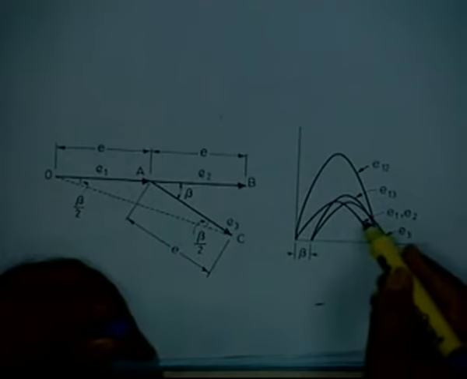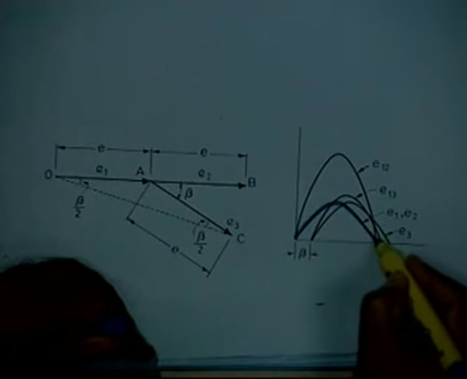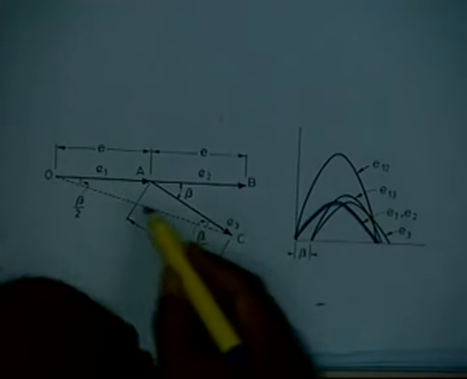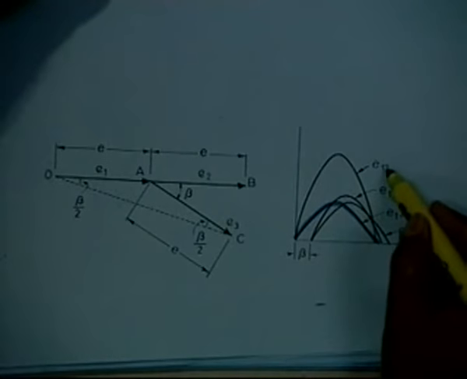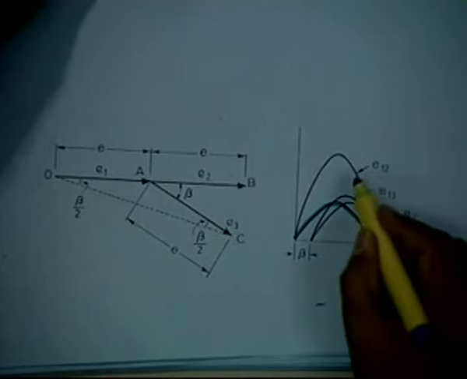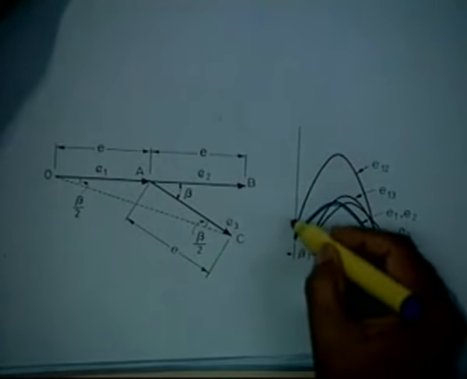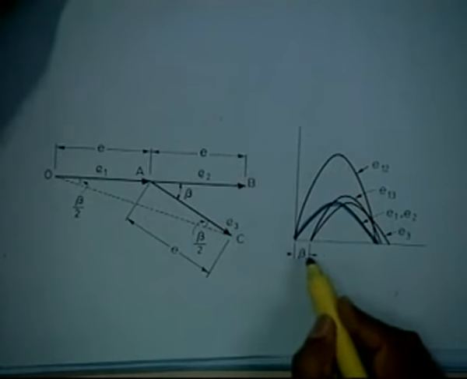So E1 equals E2, they are in phase. So the total across the winding E12 would be twice E. This is the voltage.